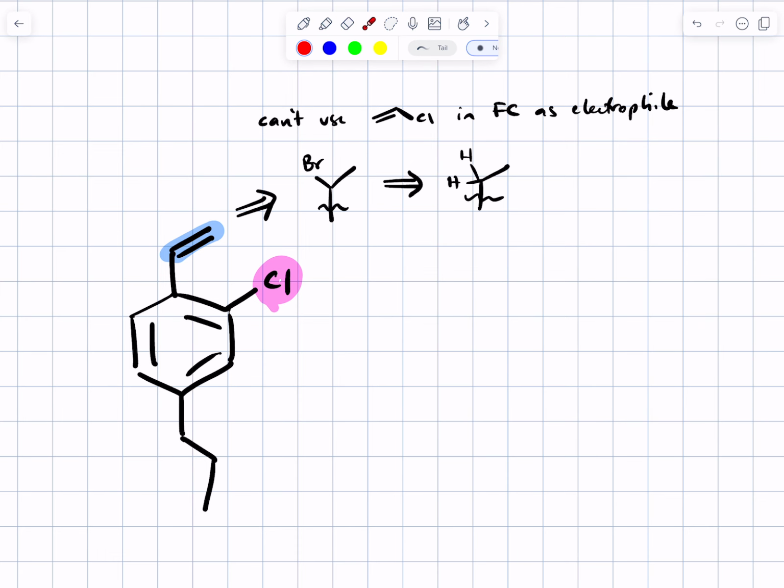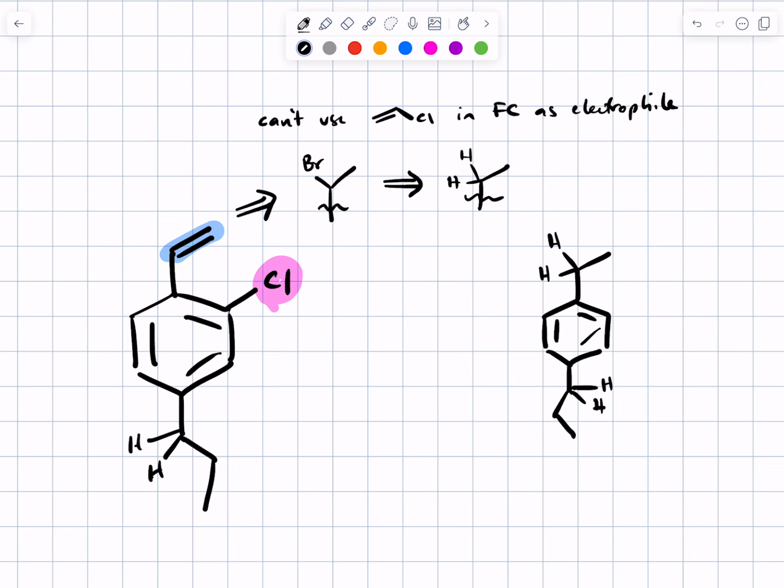And that sets me up with a problem, and that is I already have benzylic CHs here. So if my plan involves an intermediate like that, and I'm just sketching this out, that's a bad plan, because there's not going to be selectivity for these benzylic hydrogens versus these ones.